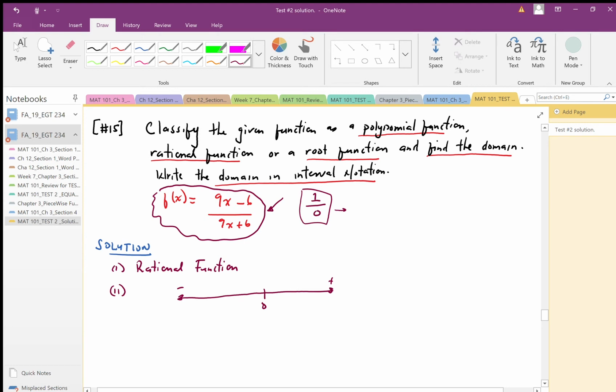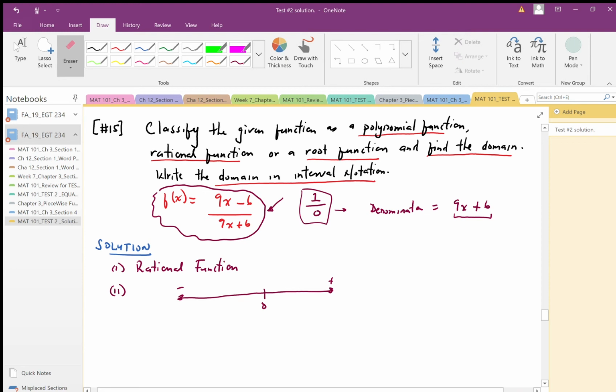So look at the denominator. Your denominator here equals 9x plus 6. So you want to ask yourself, what would make this go to 0? What would make 9x plus 6 go to 0? Okay, what would make that go to 0?